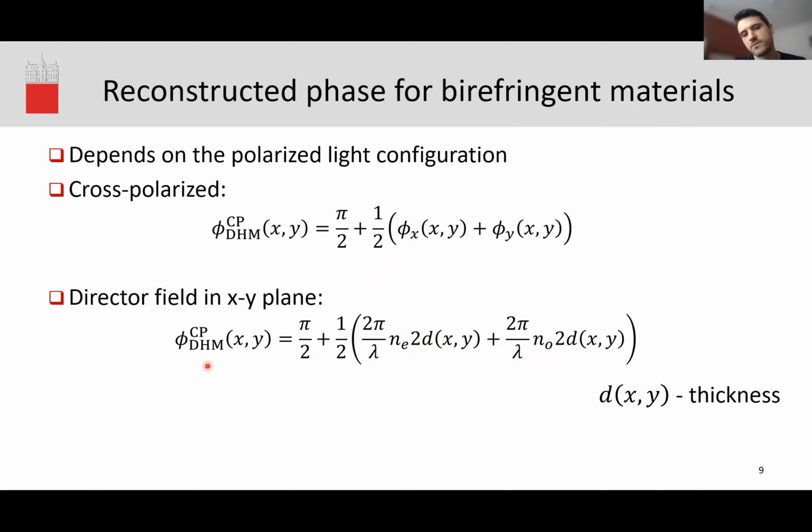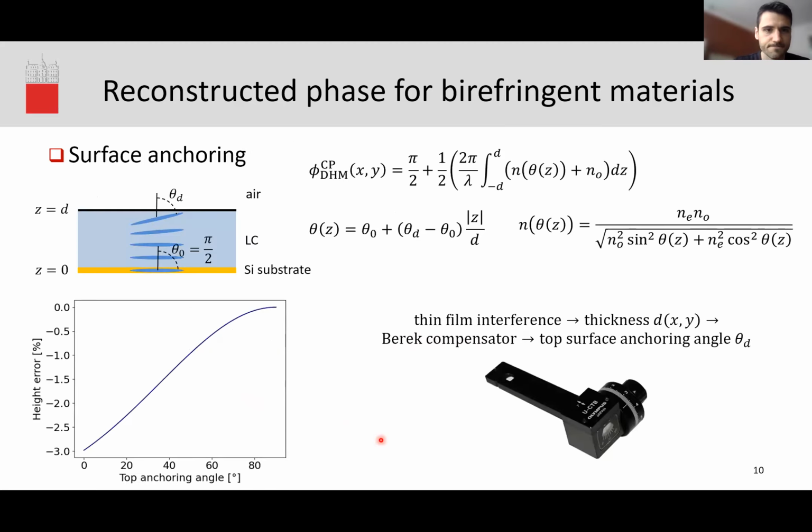So the quantitative phase that we obtain with digital holographic microscopy depends on these parameters, basically. But in our case we are observing liquid crystal on silicon substrates.